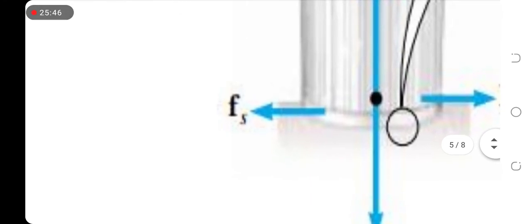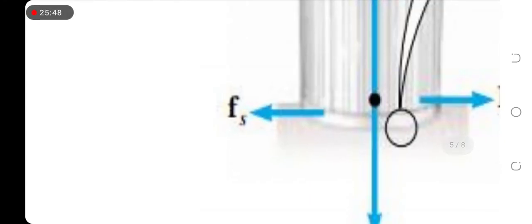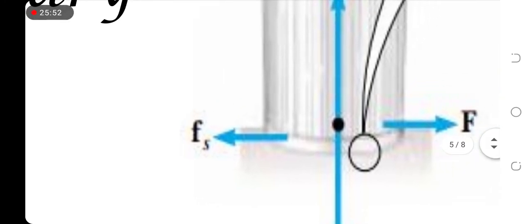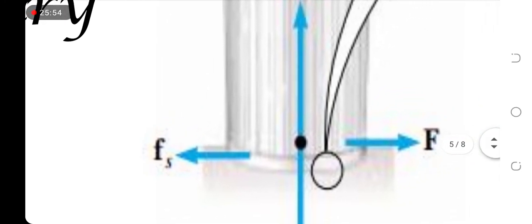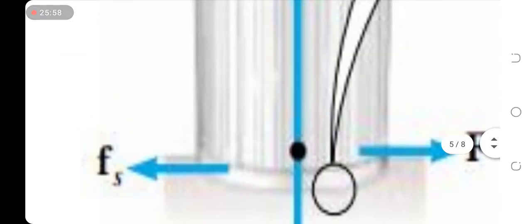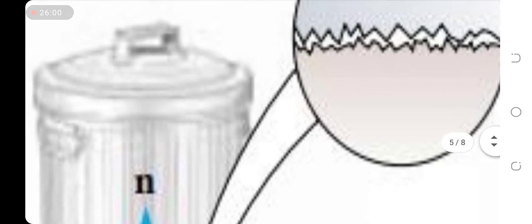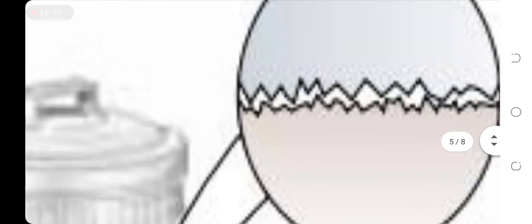A small circle we can visualize by microscope or some other high resolution microscope. We can see the surfaces of both the bodies, the table and the can. There are so many ups and downs on two surfaces which interlock each other.